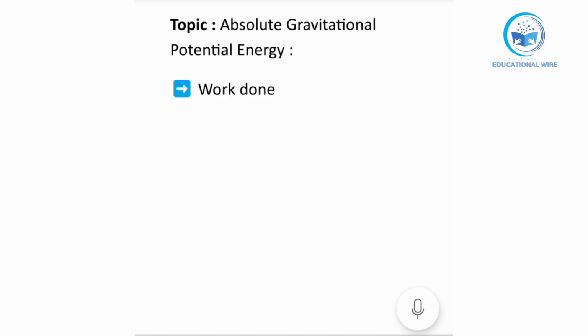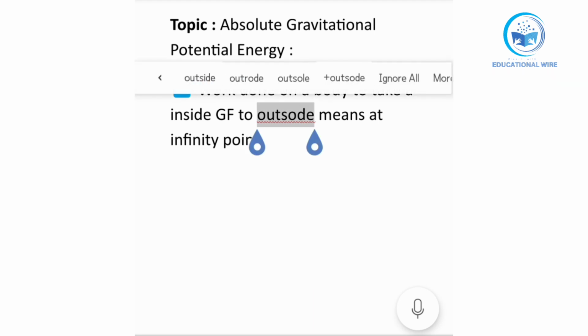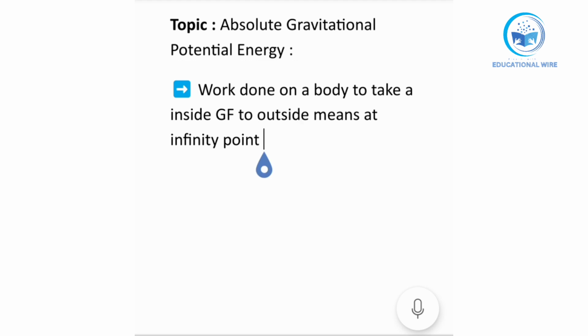Work done on a body to take it inside a gravitational field to outside, meaning an infinity point outside it, the infinity point of the gravitational field.